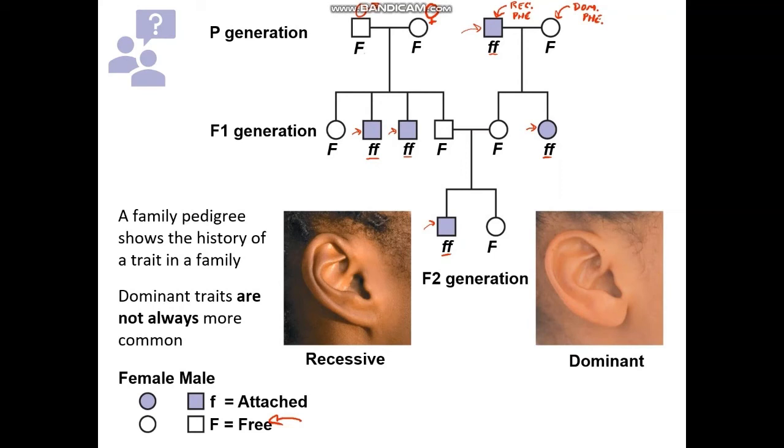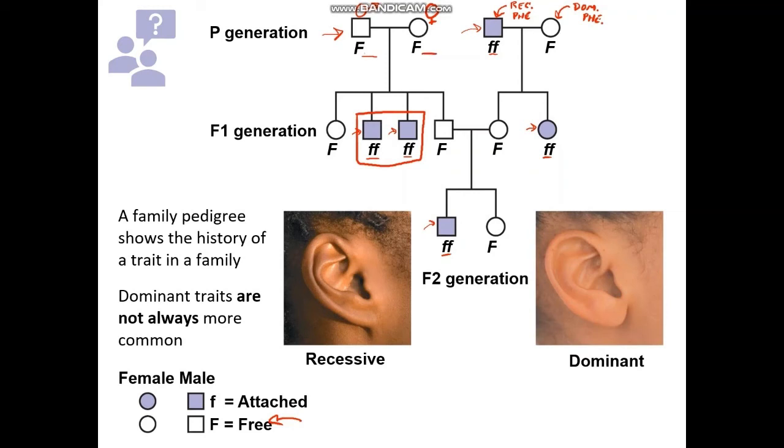So let's take a look at these parents in the P generation. They had offspring with a mixture of traits, including two with two recessive alleles. These alleles had to come from someplace. So that means that this parent had a recessive allele to give.